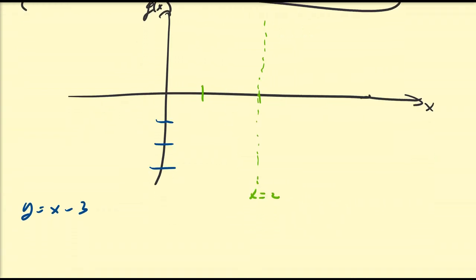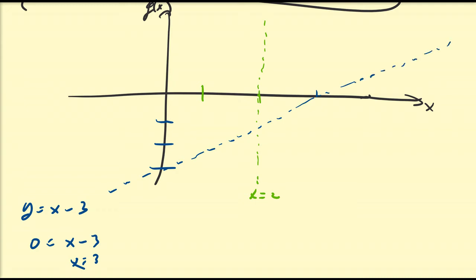Let's see if we can get the x-intercept for that. So I'm going to set y equal to 0, so I'm going to get that x is equal to 3. So I'm just going to graph this line here. All right. So this is the line y is equal to x minus 3. So this is going to be our slant asymptote. Let's just erase these little details.